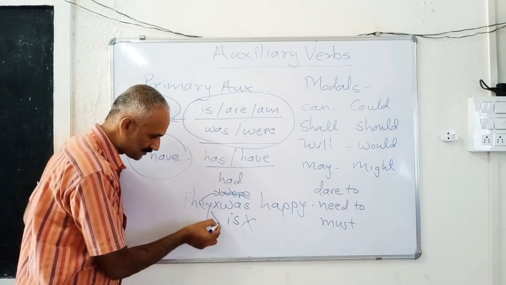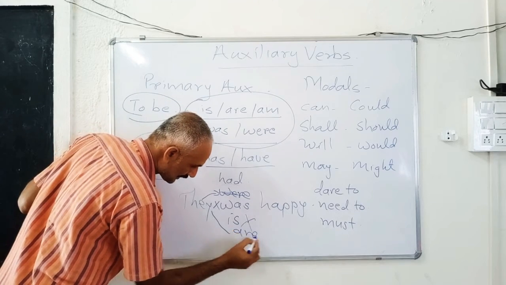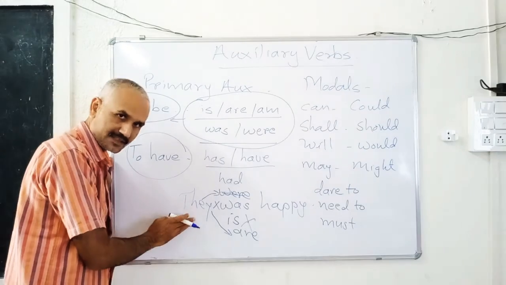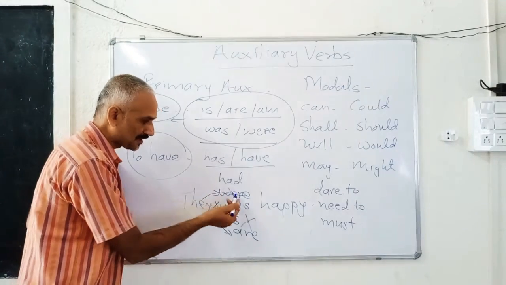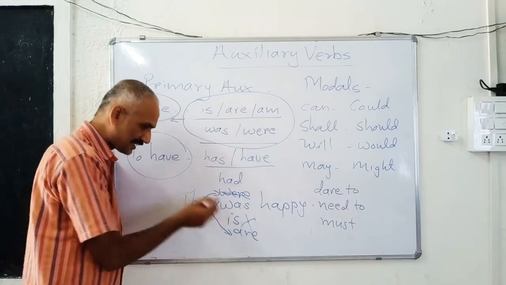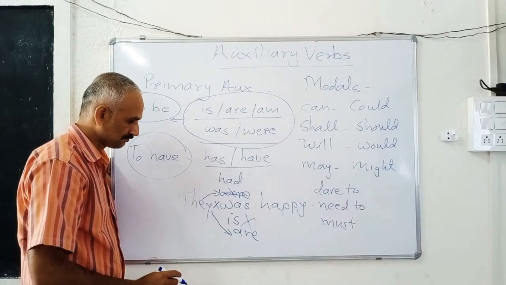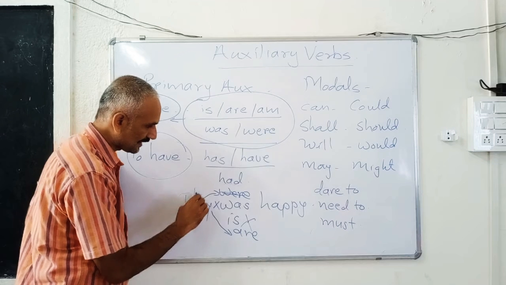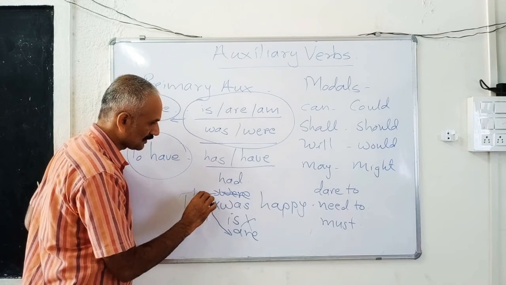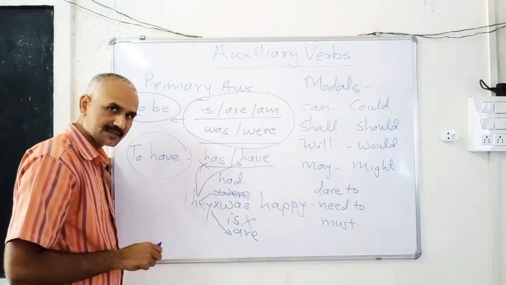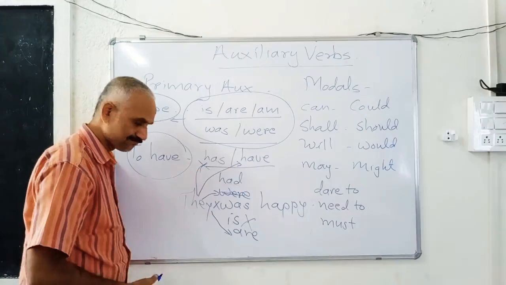Or if it is the matter, you can say they are. So this pronoun they goes with were or are, but it doesn't go with was and is. It's similar. They can go with have, but they cannot go with has. They have.